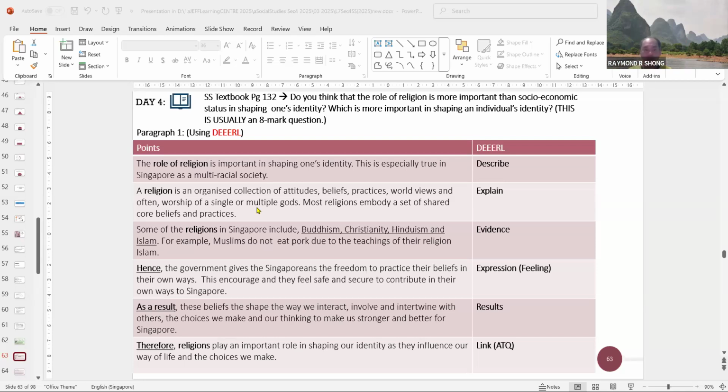Okay, so you realize this is the religion, and which one is more important? See that? Okay, got it? This is very important if you are going for A levels. Look, so this is one point about the role of religion. Then the next paragraph.